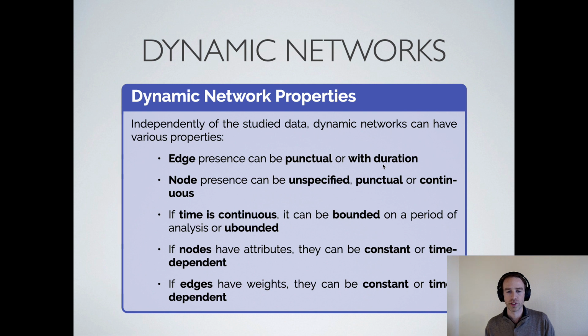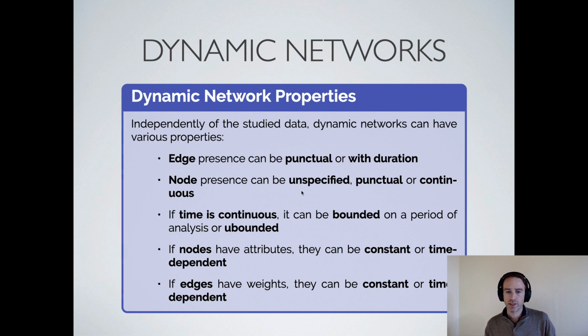You can represent it by saying that this edge appeared at time t1 and again at time t10, but there is no duration. On the contrary, you can assign an interval to the edge and say that this edge exists from t1 to t10. In this case, you will represent this as an interval.